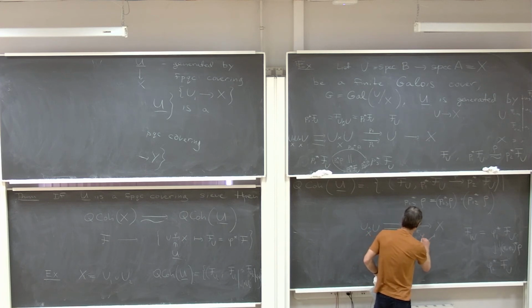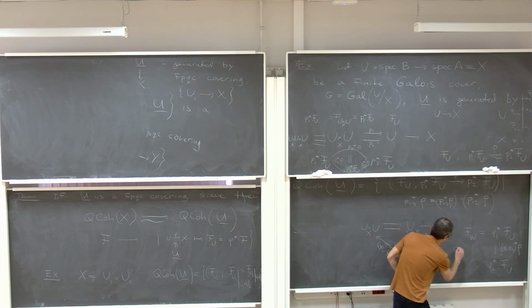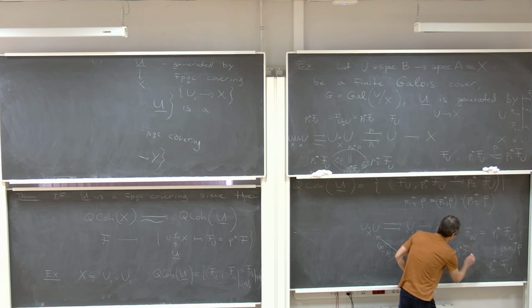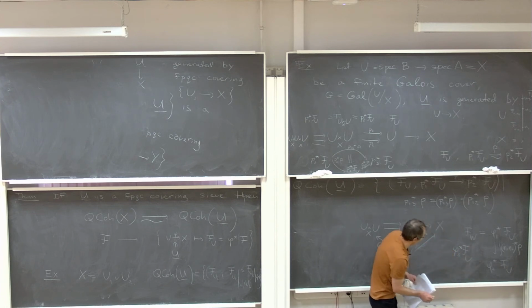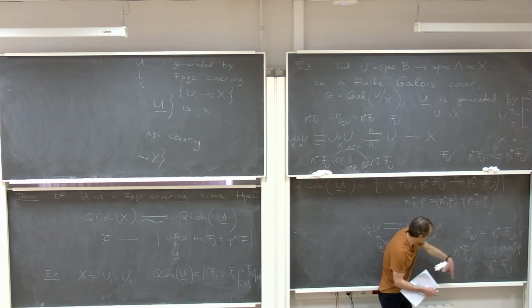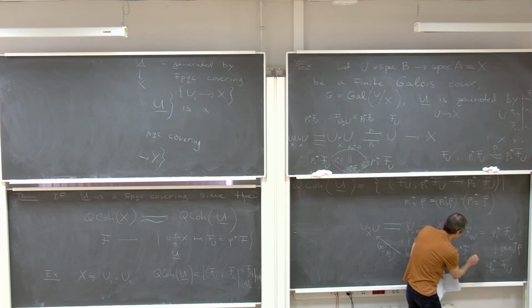If you are given a third map, then we can also consider this. And just by changing notations, we now have an isomorphism between this and this, right?